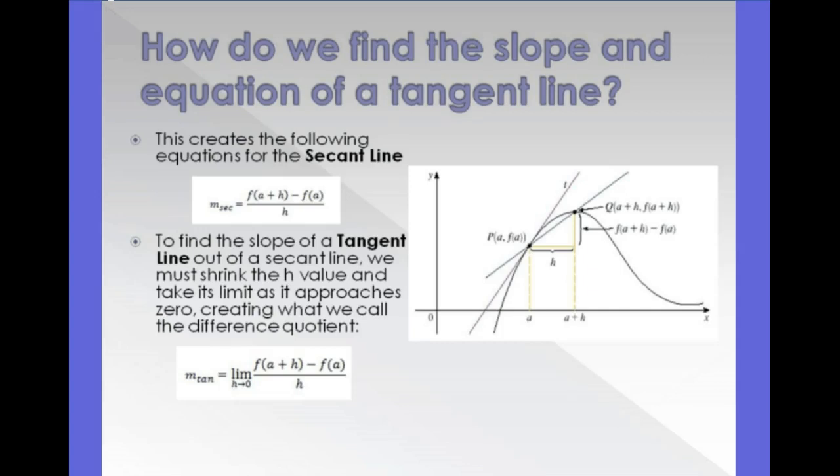So the slope of the tan is the limit of that secant slope where the denominator is going to 0. So what we're trying to do is make h incrementally small units away from a. Over in the graph, h looks like it's really far away.